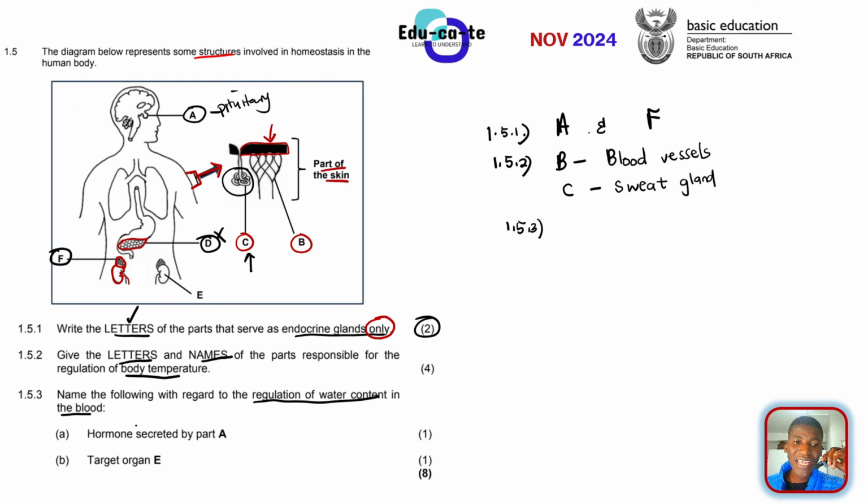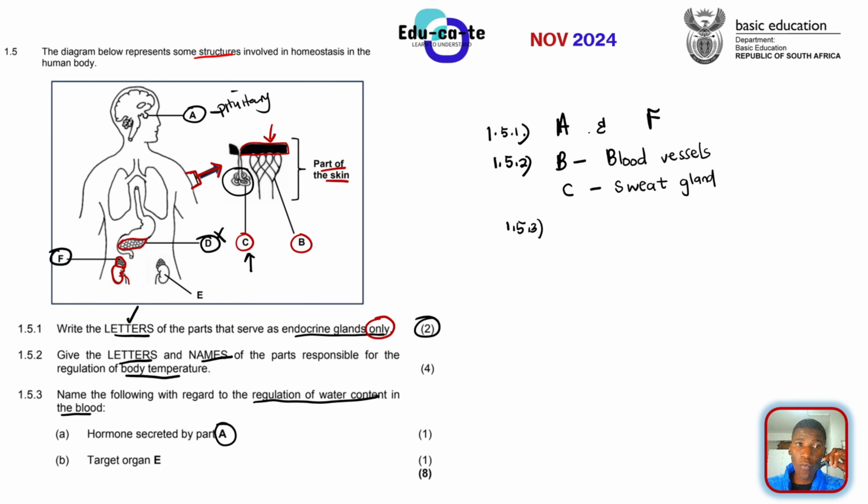Here they say name the hormone secreted by part A. Part A is the pituitary gland, and we have said that it has 5 main hormones. It is the growth hormone, FSH, LH, prolactin, and TSH. So there are 5 hormones. But basically here they say we should name the one that is with regard to the regulation of water content.